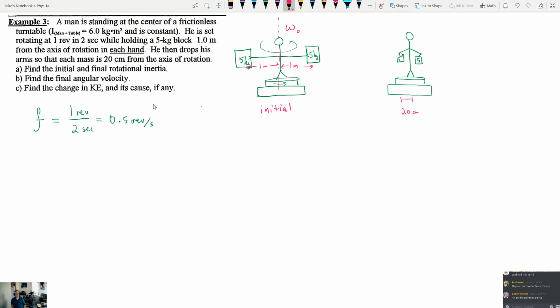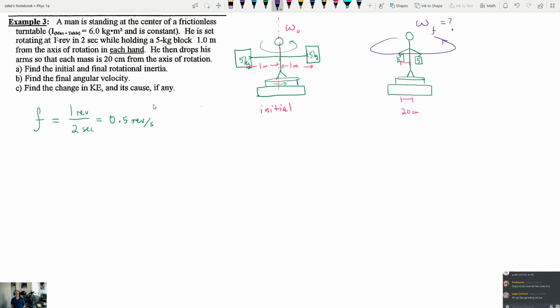That distance is 20 cm now. Otherwise, everything else stays the same. As a result, the person is going to be moving with an even larger angular speed that we're going to call omega final, and we're trying to calculate this eventually.